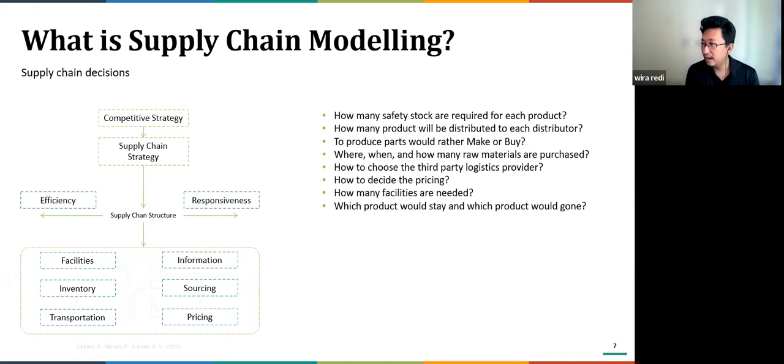Another question, like how many products will be distributed to each distributor? Well, it's the same question as the previous one. Or another, like, some companies may not produce all the things necessary to build your product or service, right?